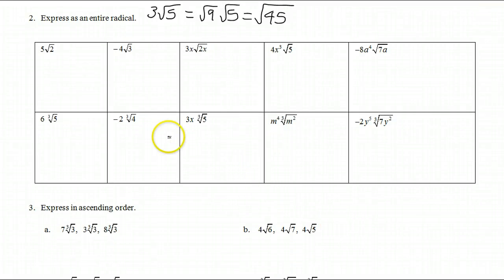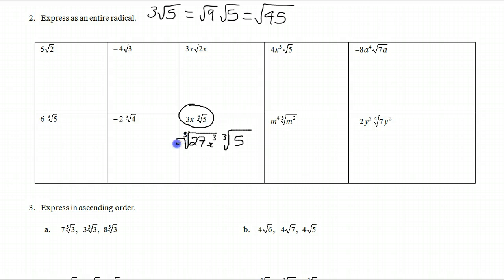And, oh, here, I'll be nice. I'll do one for you. Let's do this one. So I want to write the 3x as the cube root of something. So that'll be the cube root of 27. 3 cubed, the cube root of 27 is 3. And the cube root of x cubed is x. And that's multiplied by cube root 5.